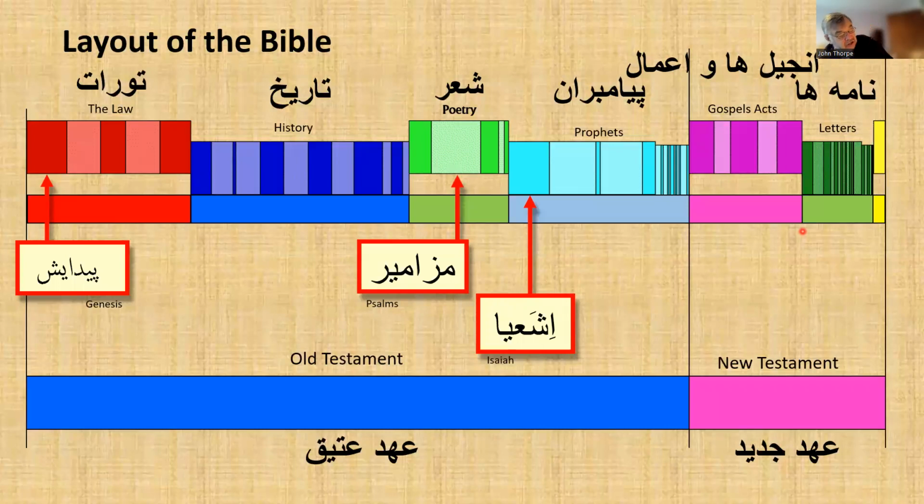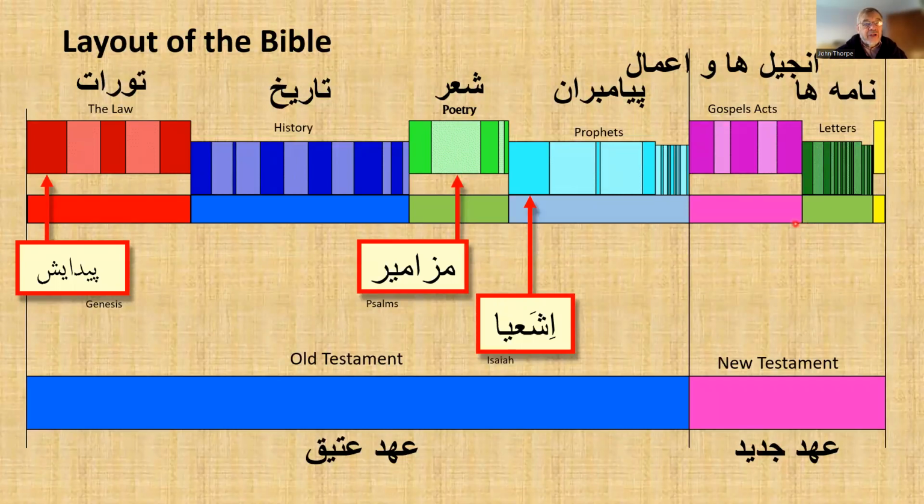But the New Testament is written over a period of only about 20 or 30 years, whereas the Old Testament is written over a period of about 1,000 years.